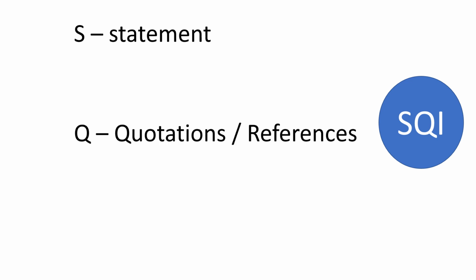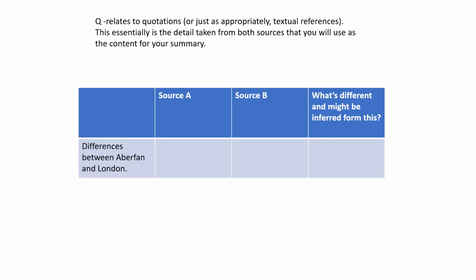So SQI is our approach for this question. That's giving a statement about source A, making reference to a quotation, and including an inference, and then repeating for source B. So to see this in action, you can see here the question reminded us of the differences between Aberfan and London.